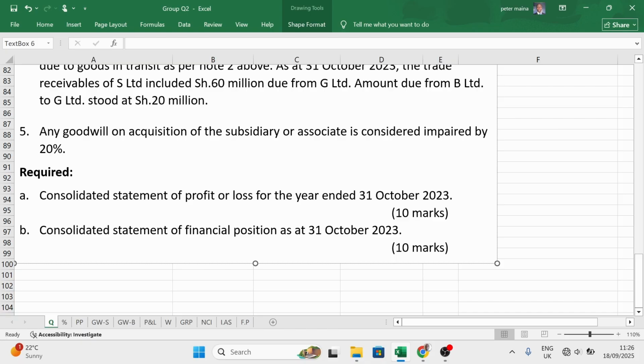So if the year is ending on 31st October 2023, when did that year begin? You go back 12 months, and you will see that the year began on 1st November 2022. So from 1st November 2022 to 31st October 2023, those are 12 months.